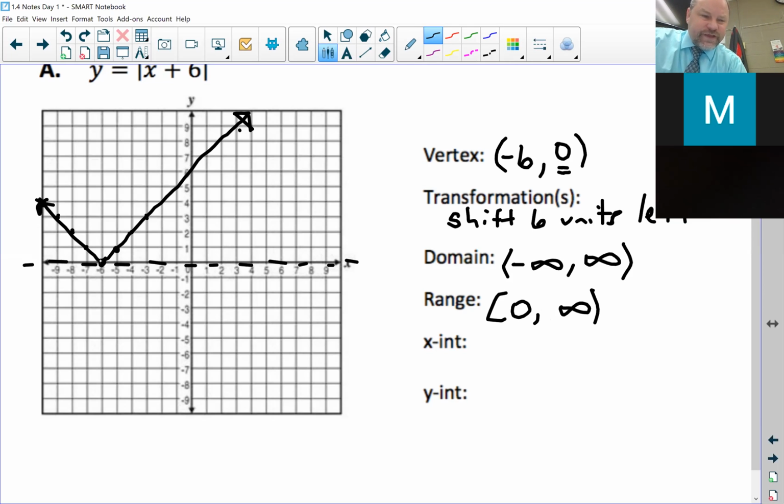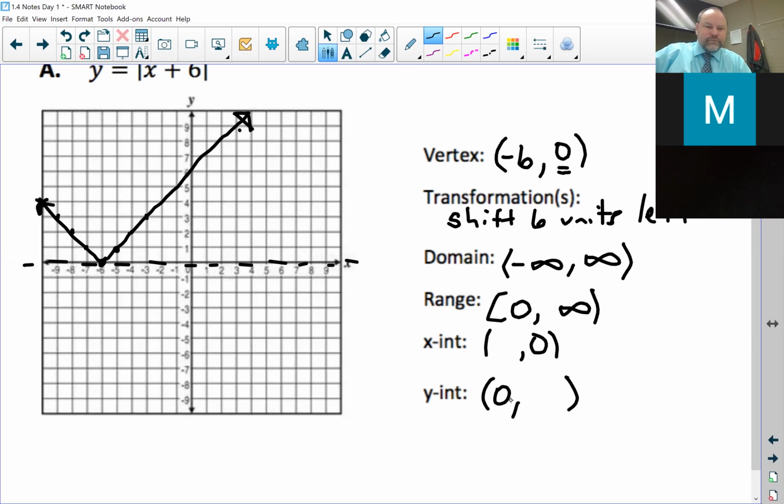X-intercept, where does it cross the X-axis? The X-intercept is where Y is 0. The Y-intercept is where X is 0. So what's the X-intercept? What is that value right there?